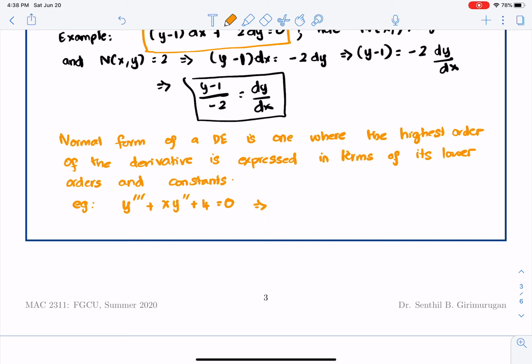If I rewrite it, I could rewrite it as y triple prime is equal to negative xy double prime plus 4. So the highest order is y triple prime, and I'm writing that in terms of the lower orders, which is y double prime and the constant term 4. Another example for a differential equation in normal form could be one of this sort.